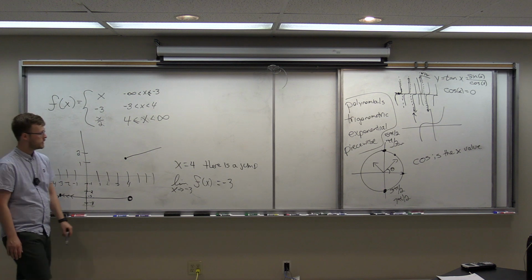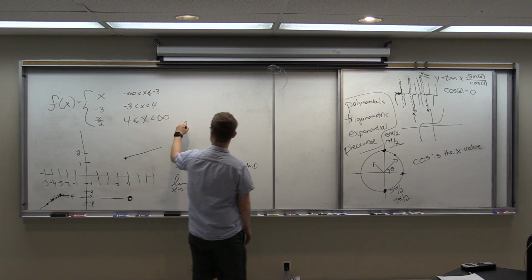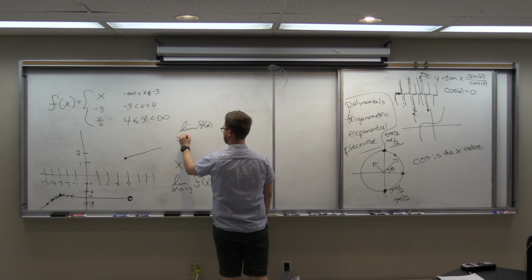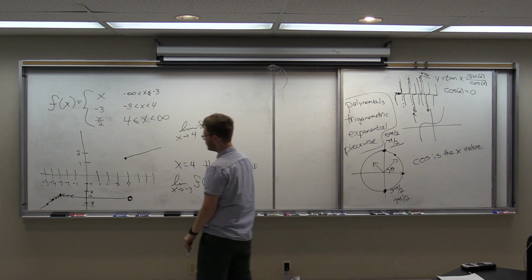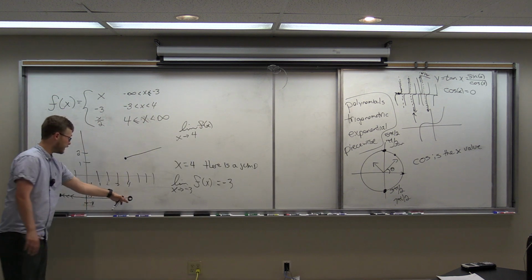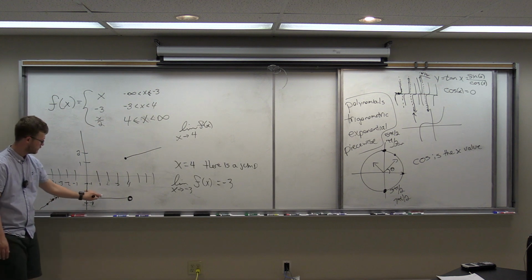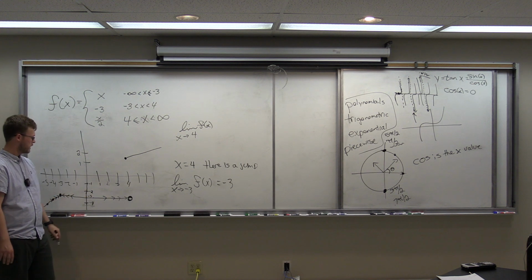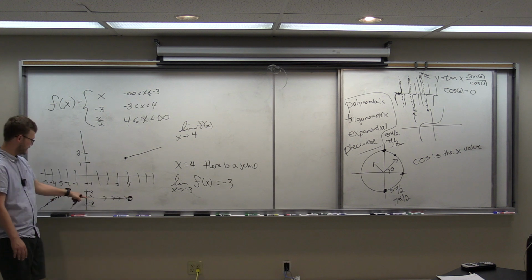But now I could ask a similar question at another point in this graph. The limit of f of x as x approaches 4. As I approach 4 from the left, moving along on this constant function, I'm getting close to 4. The value I'm approaching is negative 3.